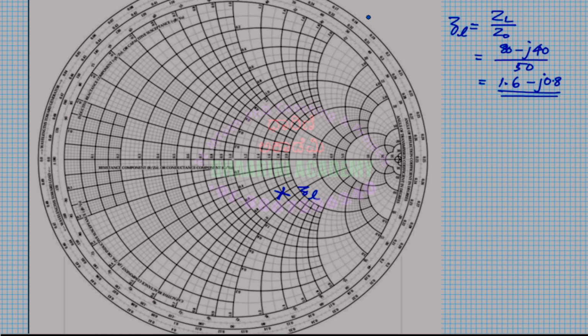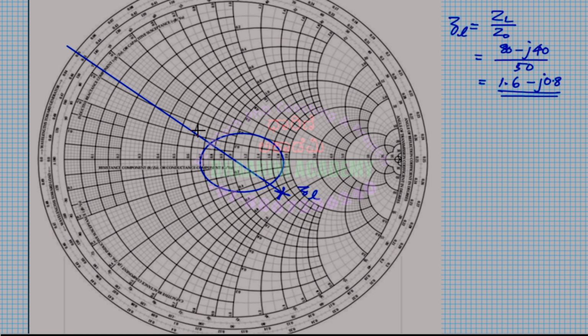All right. Now, as usual, what I'm supposed to do, I can even draw a line passing through this, and I have to pass through this, reach the other side, and I also have to draw a circle, right? That is the constant VSWR circle corresponding to this given transmission line.